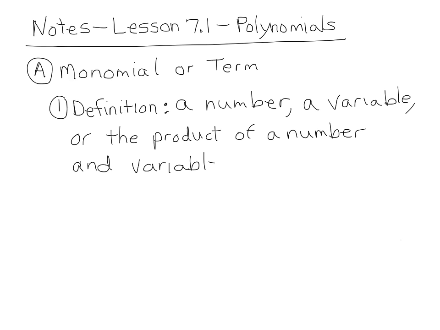So it could be a number, it could be a variable, or it could be a product of a number and a variable, or variables. And it's going to have whole number exponents.